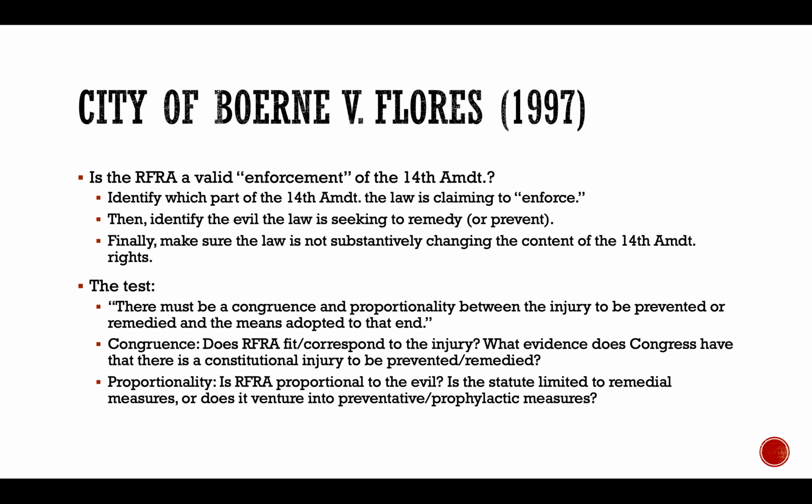So he refers to some of this voting rights legislation and talks about the example of literacy tests being held to not violate the 14th Amendment and 15th Amendment, but then Congress prohibits them through legislation nevertheless. And Kennedy says, at least in that instance, Congress found through its legislative findings that literacy tests had a long history of being used to discriminate based on race.